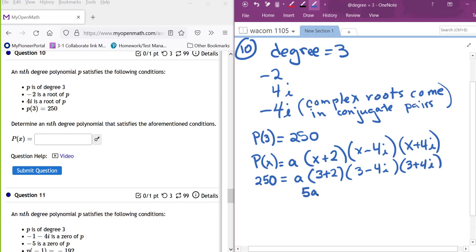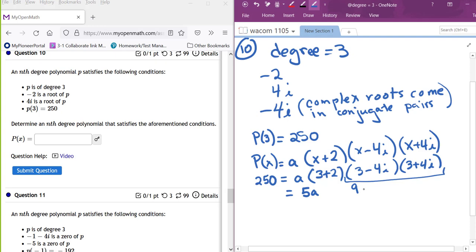So we have 5A. And here, if we multiply these, it's a FOIL. 3 times 3 is 9. When you multiply conjugates, the outside and inside cancel, but we'll do it just to show.